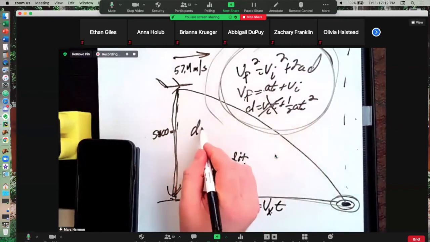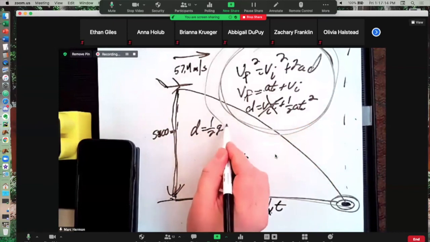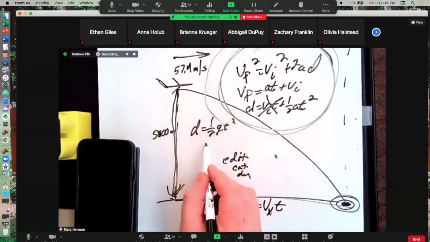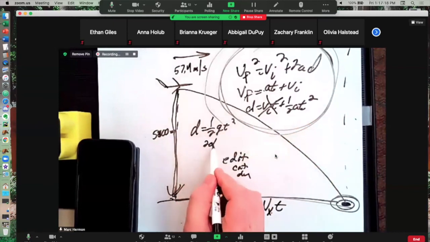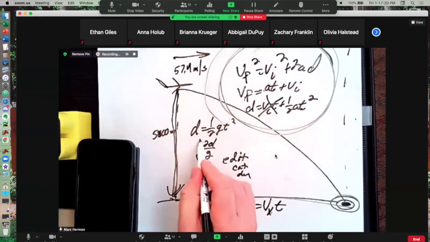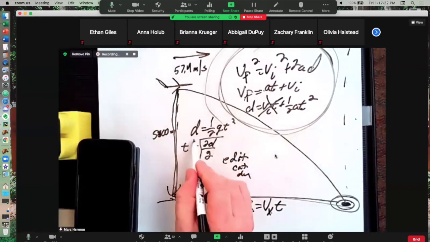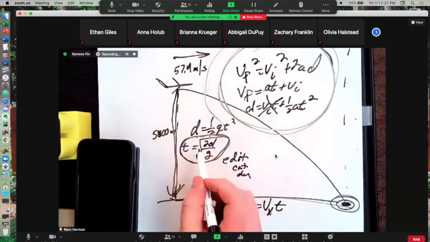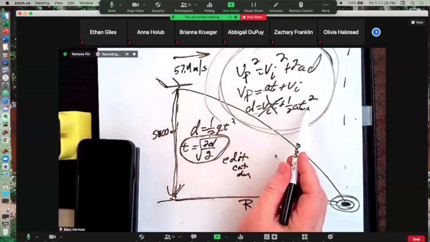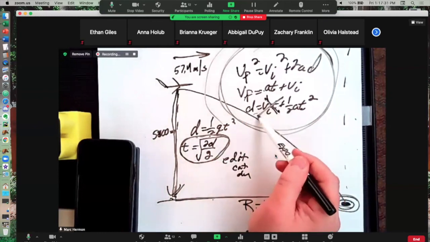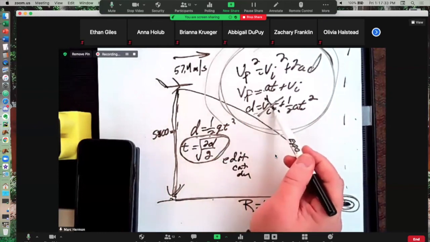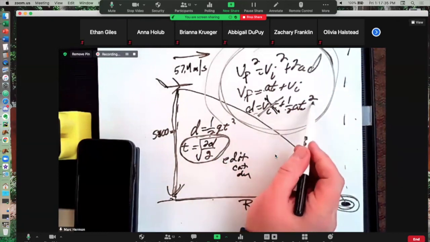So D equals 1/2 gravity times t squared. That's 2 times D divided by gravity, square root, will equal the time. Here's the equation I used, but I don't need that first part because initial velocity is 0. It's falling from rest. So D equals 1/2 AT squared.